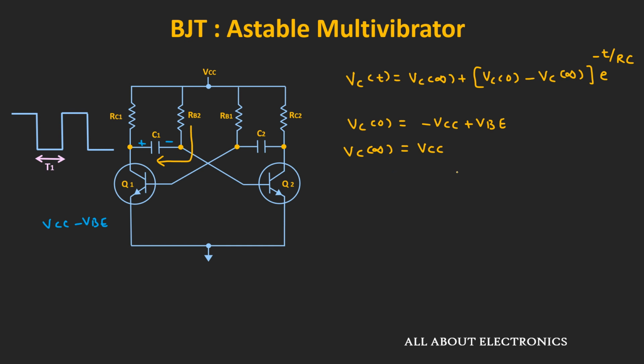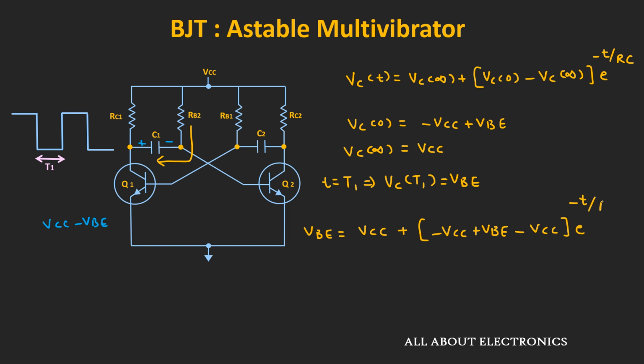But here we are interested in finding this time t1 when the voltage across the capacitor reaches 0.7 volt, or in other words it will be equal to VBE. So let's say at time t is equal to t1, this voltage Vc of t1 is equal to VBE. To find this time t1, let us put all these values into this expression. That means we can say that voltage VBE is equal to Vcc plus minus Vcc plus VBE minus Vcc times e to the power of minus t divided by RC.